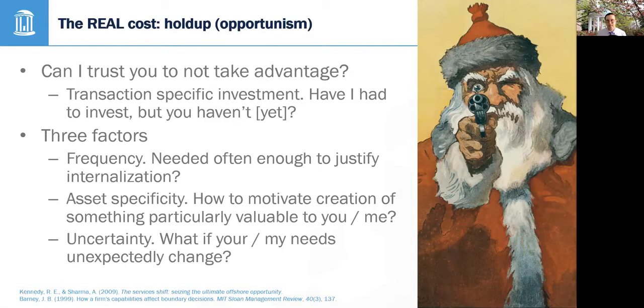With higher asset specificity, you have higher risk of holdup or opportunism. Finally, with uncertainty, with more uncertainty, it becomes more risky to invest in these idiosyncratic investments or highly relation-specific investments. So that also increases the risk of holdup.